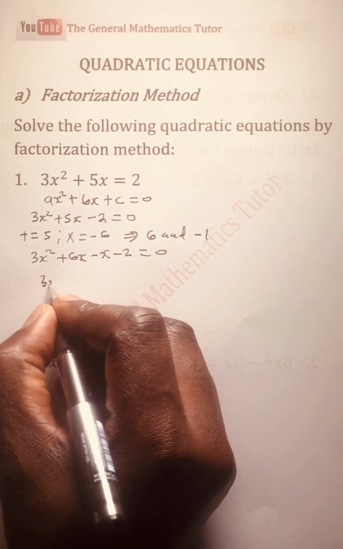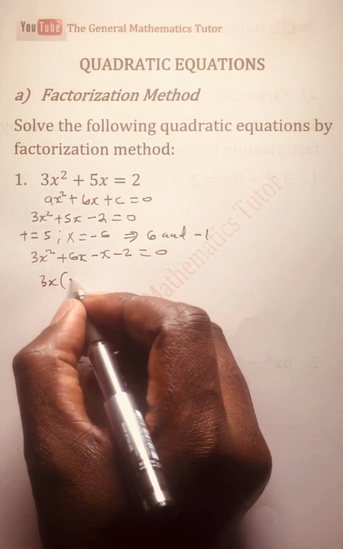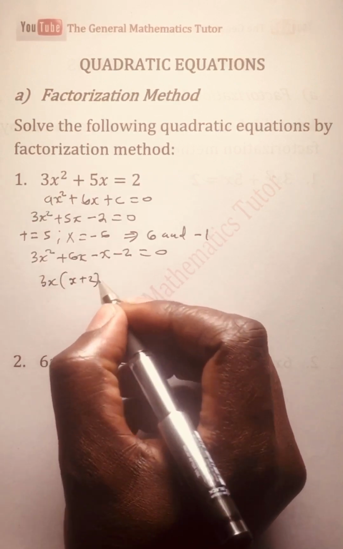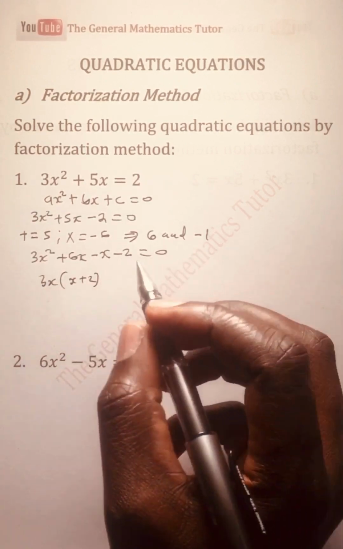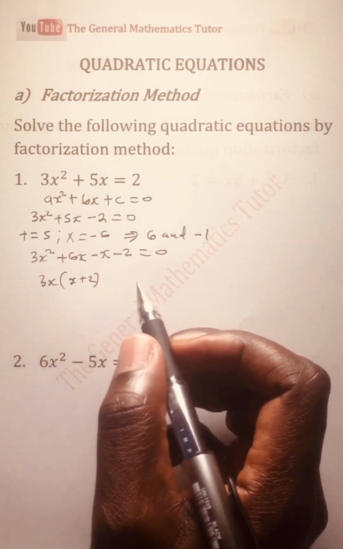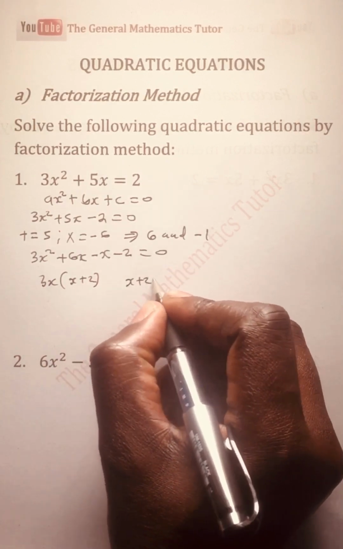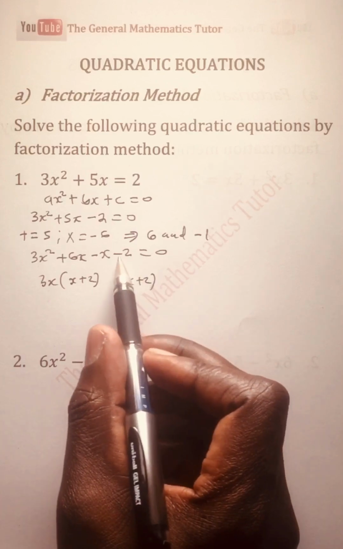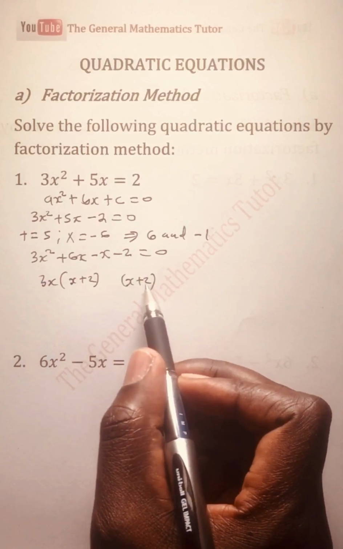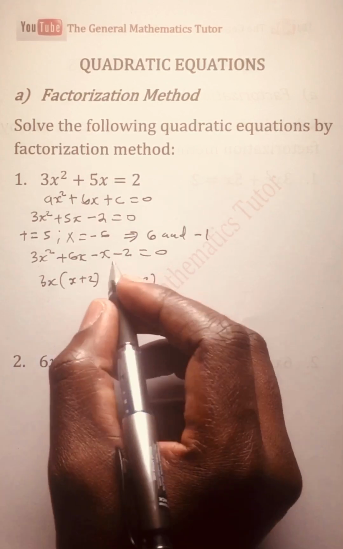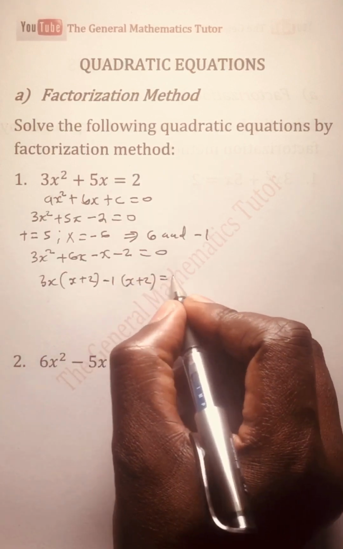So we have 3x into x plus 2. For the other side, we expect x plus 2, and for us to have obtained negative 2, it means we multiplied positive 2 by negative 1. That is equal to 0.